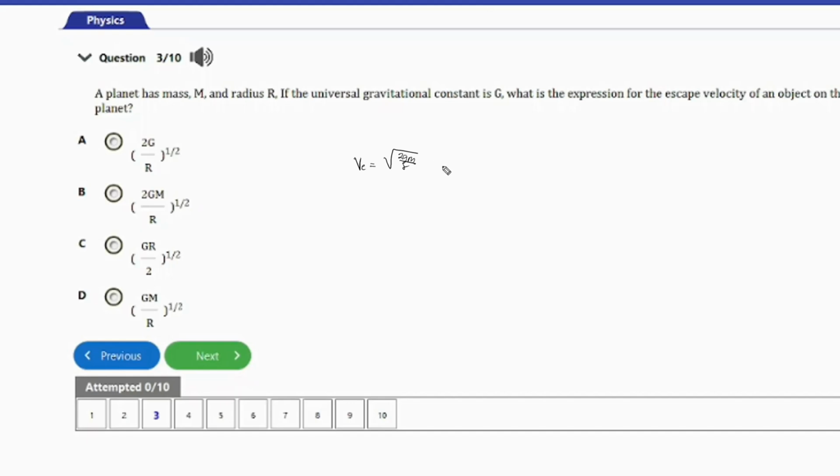So guys, now if we express this in relation to the options we have here, the option that will suit this is 2 gm over r in parentheses to the power of 1 over 2. So the answer to this question here will be option B, and that's it for this question. So let's go ahead and consider the next question.